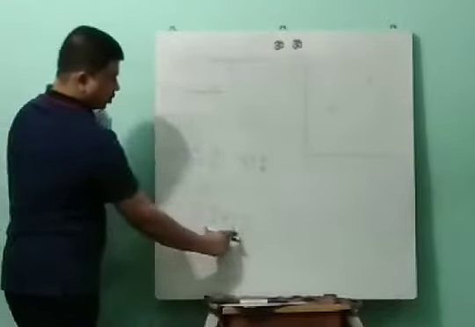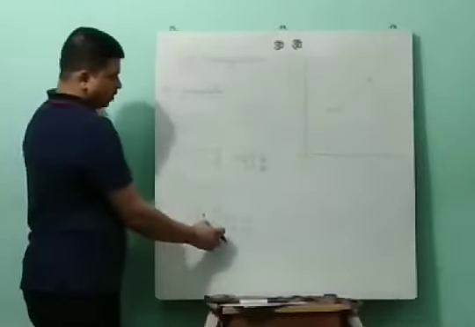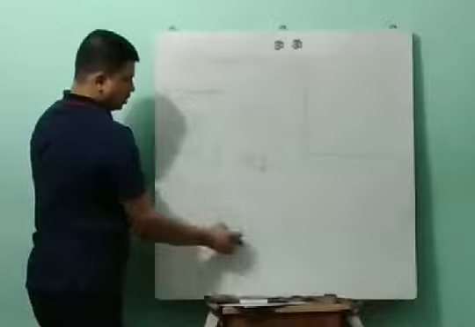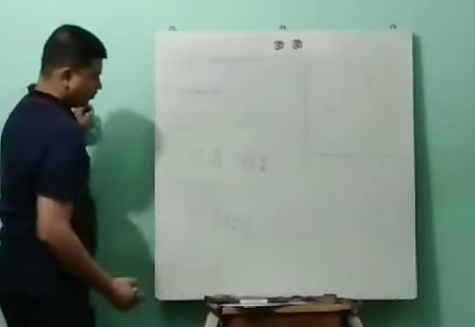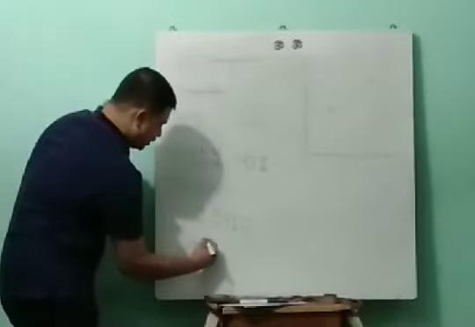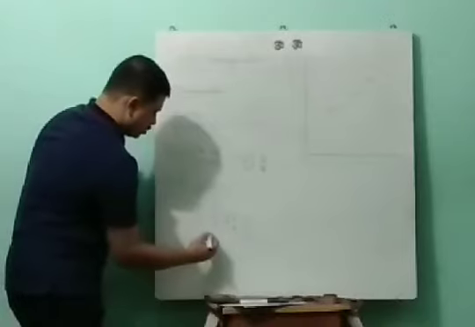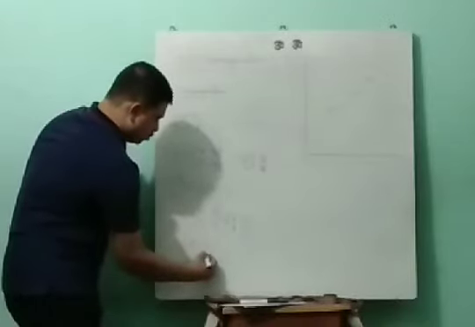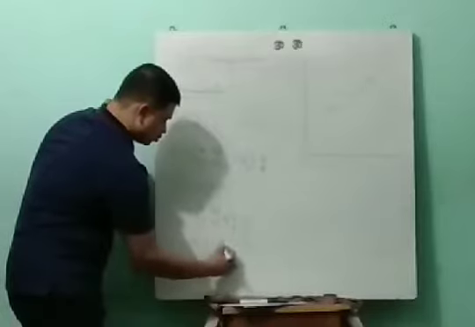So you have to make these two matrices identical. The order of the matrix should be equal in both to have addition. Now add the corresponding elements. 1 plus 2 is 3, 1 plus 3 is 4, 2 plus 2 is 4, 4 plus 3 is 7.